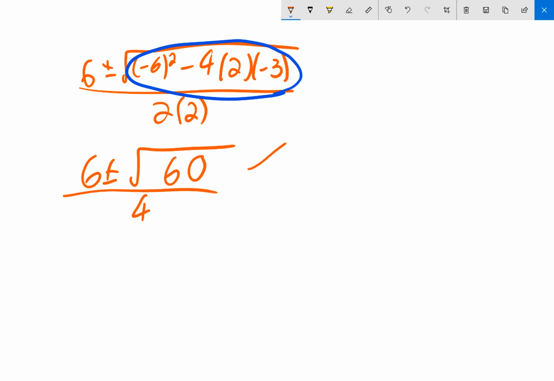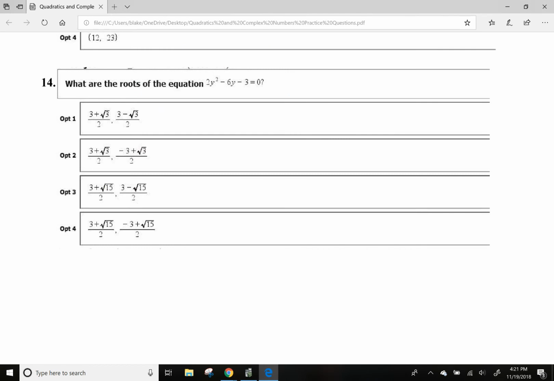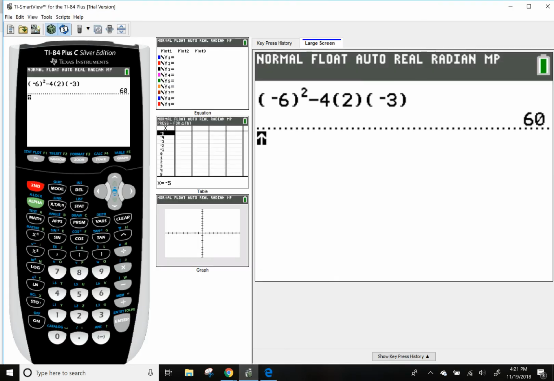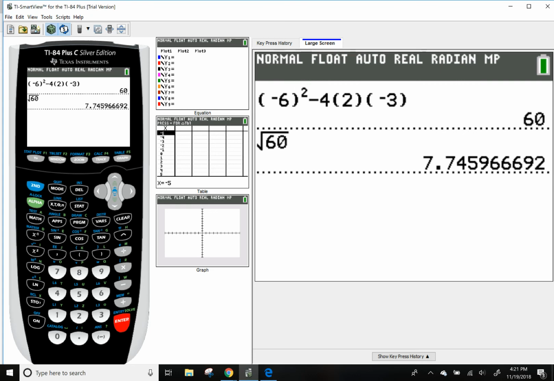So here's the thing. The square root of 60 is not a perfect square. If you try to work it out, it'll give you a decimal. Like type it in the calculator, square root of 60. It's a decimal, so it's not useful to me because it's not a perfect square.